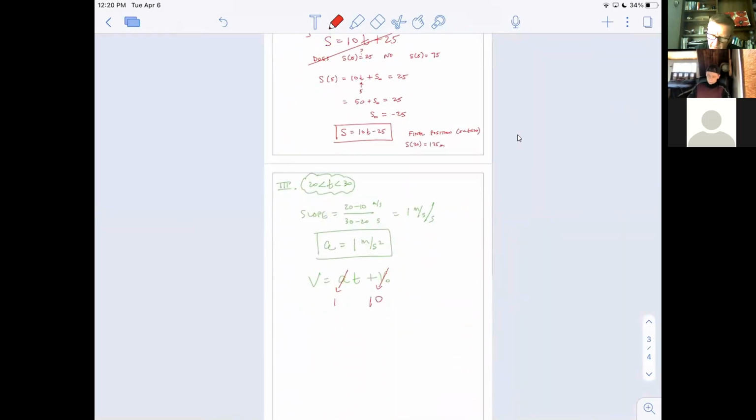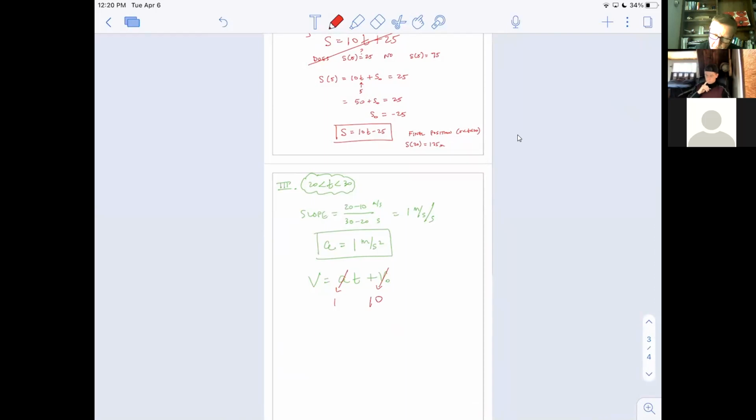Does that work? Is that right? Do I still run into the problem with a different starting point?